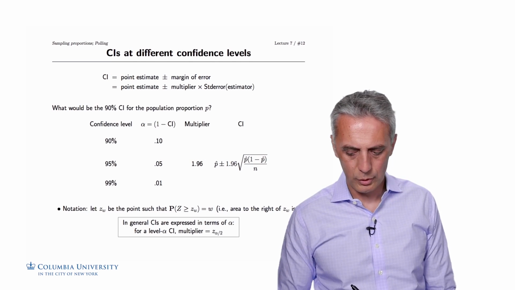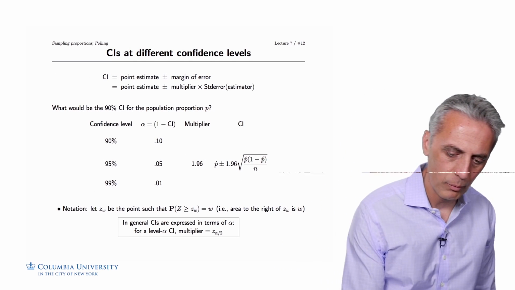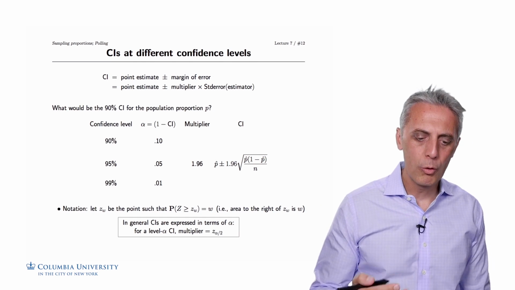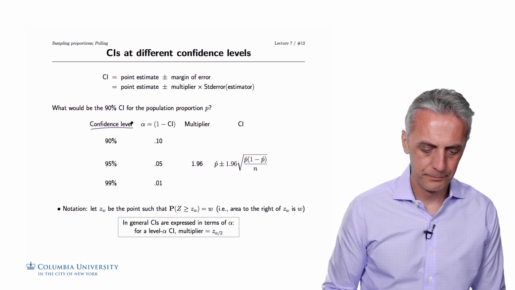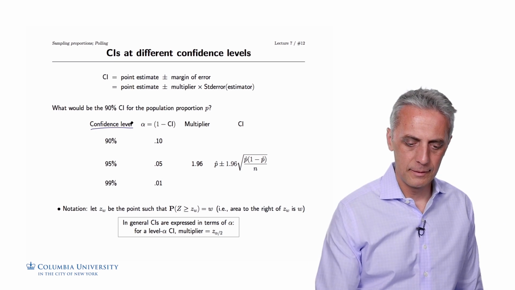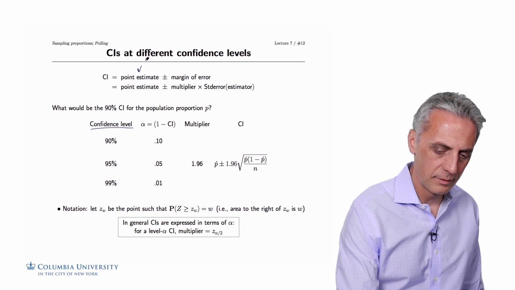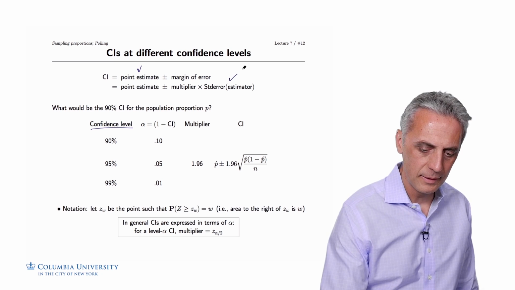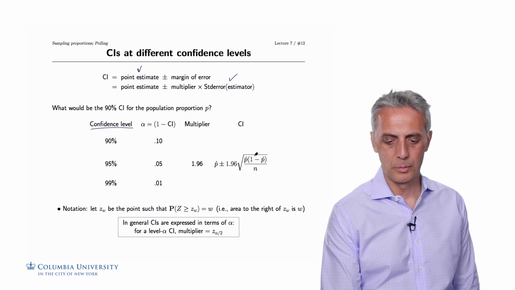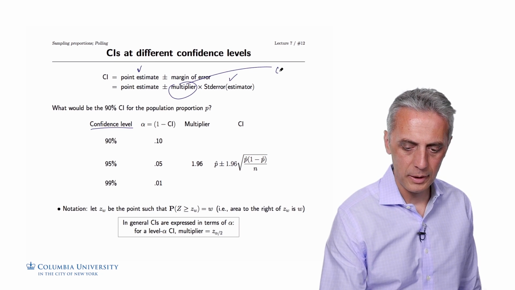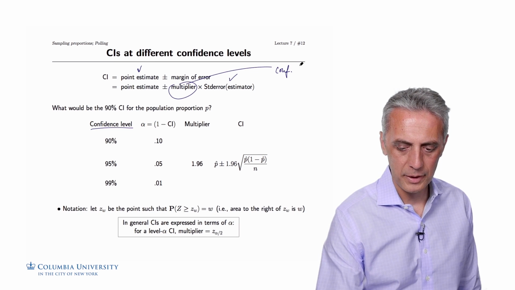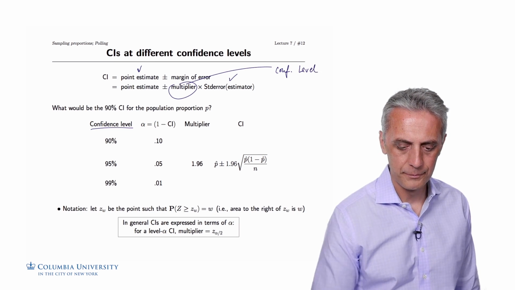Last thing to talk about here is if I want it to be more accurate or less accurate, so if I change the confidence level, then the point estimate doesn't change, the standard error doesn't change, right, this formula. The only thing that is going to change is this. The multiplier depends on the confidence level.